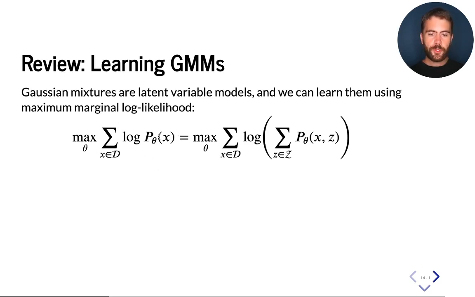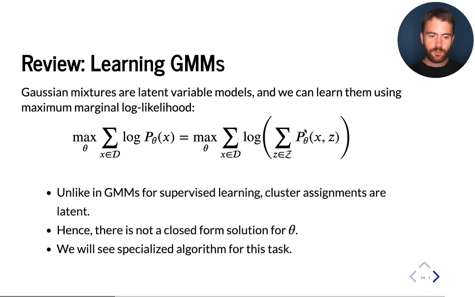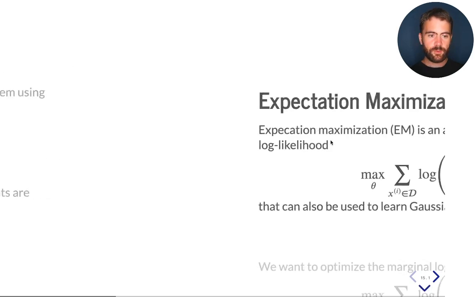But in order to compute the log probability, we have to compute the following sum over all the z. And this objective here no longer has a closed form solution like it did when we used the same model for supervised learning. Now, in this example, we have to sum over all the possible values of z. Instead of having one value being specified, we have to sum over all the values, and this makes this problem significantly more challenging.